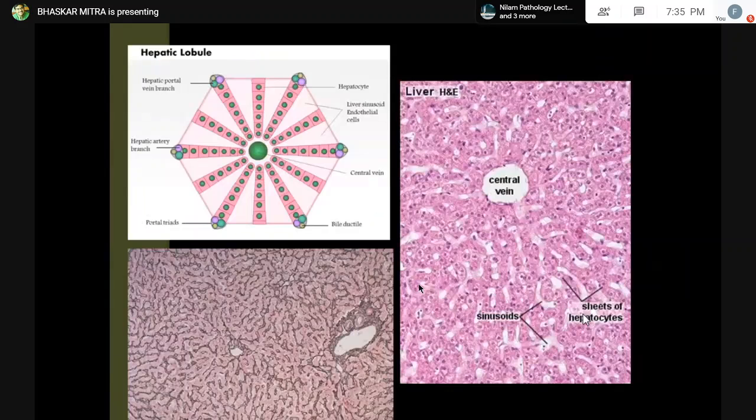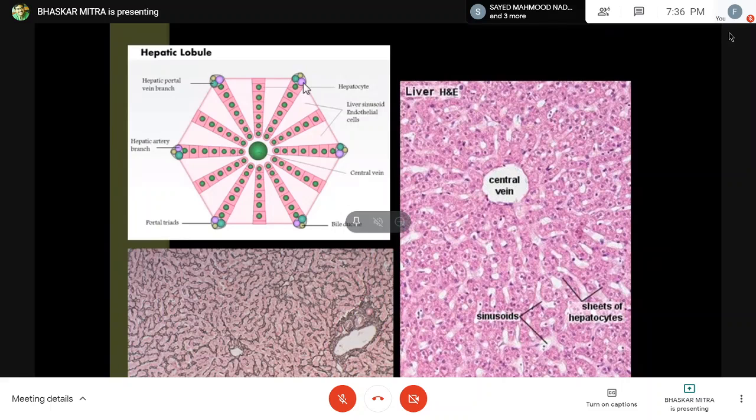Now, coming to the histomorphological anatomy, the liver lobules. From here, we will approach the liver mass. What is a hepatic lobule? It is a hexagonal lobule, as we all know, with a centrally placed central vein. There are cords of hepatocytes, and at the periphery there are the portal tracts or portal triads: the bile duct, hepatic artery and portal vein.